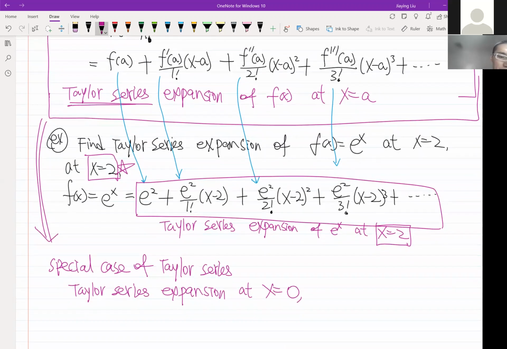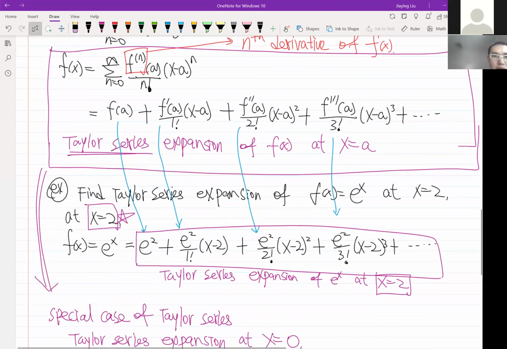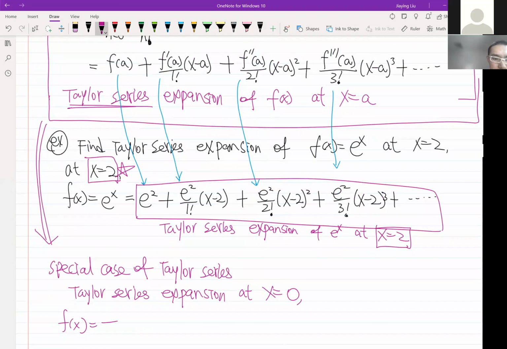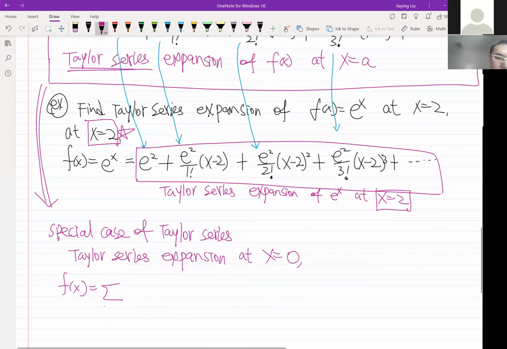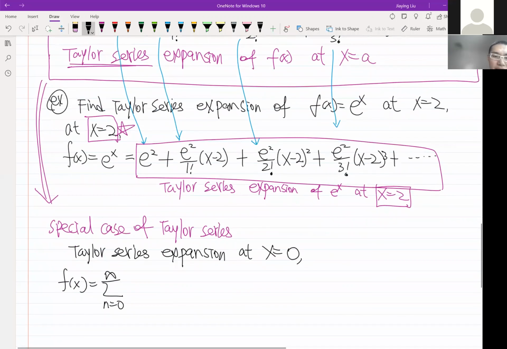So that will give me f of x is equal to, from above, sigma n from 0 to infinity. Let me use a different color. And we have f n-th derivative.